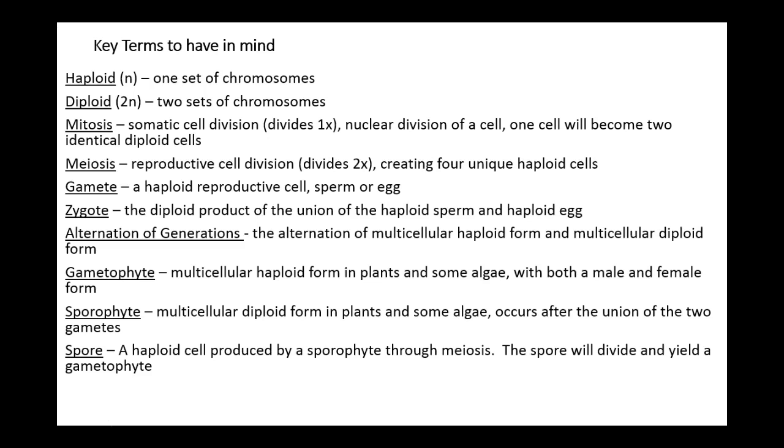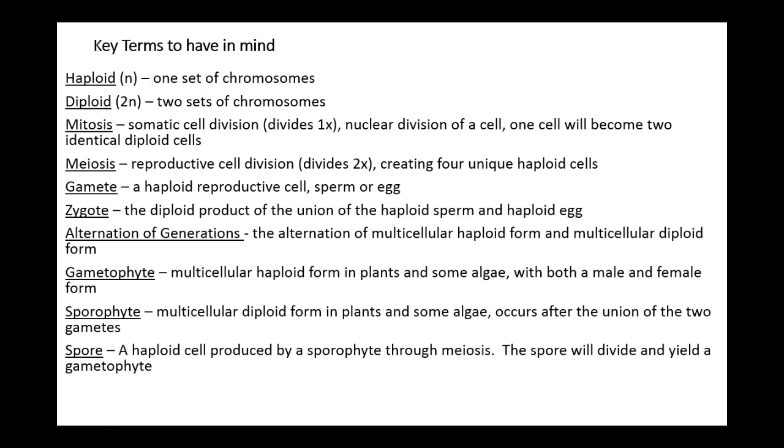Mitosis is the word for cell division of body cells, somatic cells. This is cell division without any diversity added to it, just the cells dividing because they need more of themselves. Two identical diploid cells will be made with mitosis.